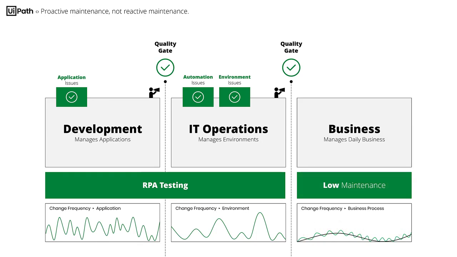So by providing the UiPath test suite and of course a methodology that explains how to put all this into practice, we are convinced that the maintenance effort related to RPA can be reduced dramatically. We are convinced that this will turn RPA from a high maintenance activity into a low maintenance activity.